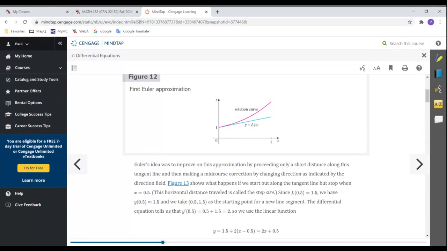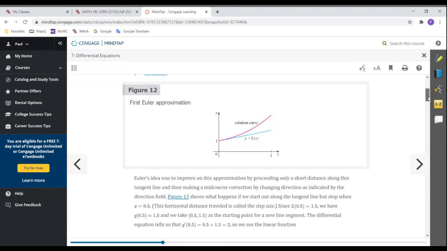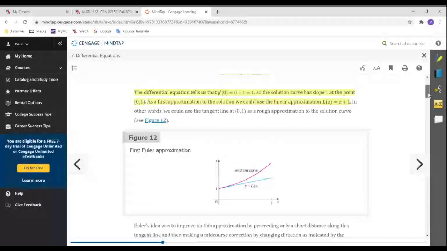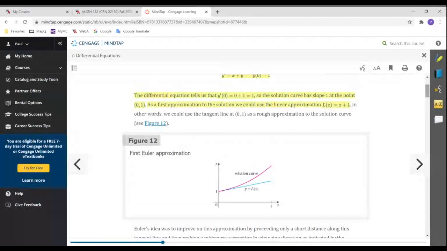If you were to estimate the solution curve when x equals a half, then using the linear approximation, the approximate y value for the solution when x equals a half is going to be a half plus 1, or 1.5.